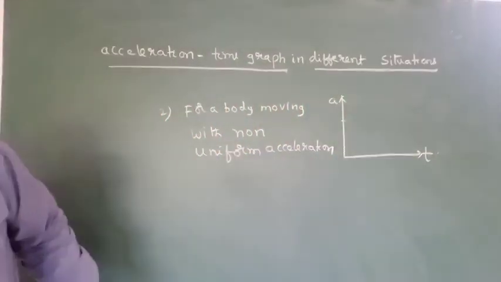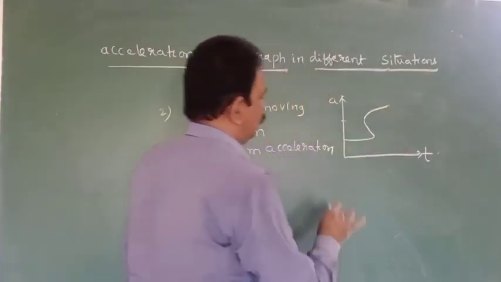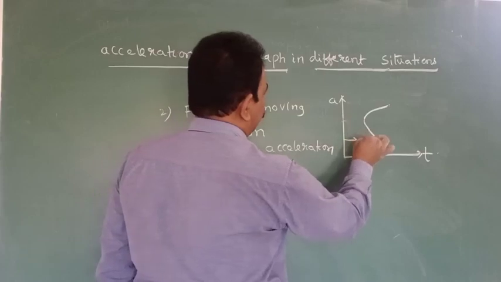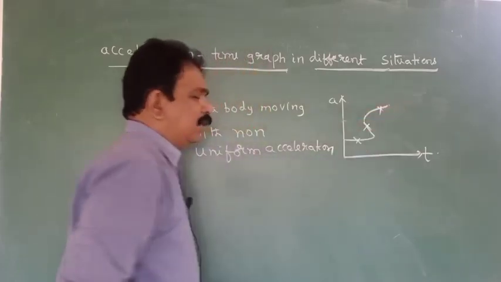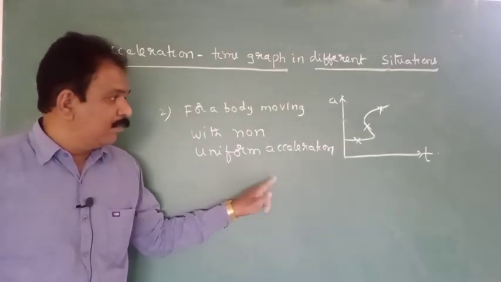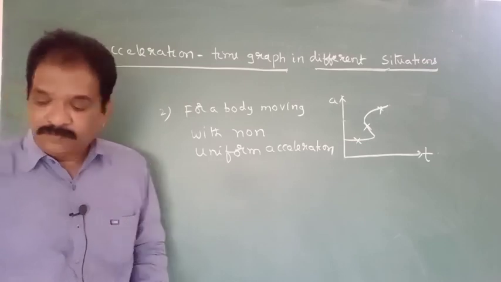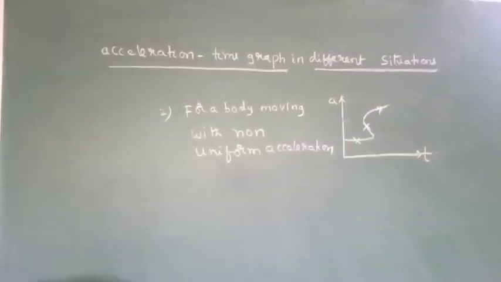If the shape of the graph is not uniform, then we can say that the body is moving with non-uniform acceleration. Clear? So, what are the uses of these graphs? Let us see.